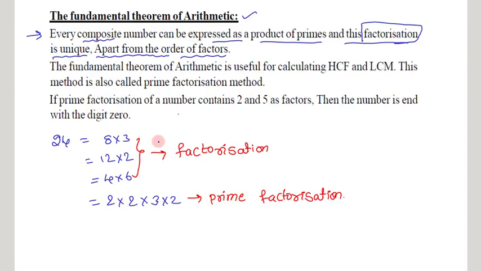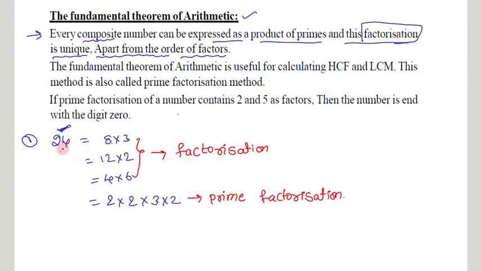Let us take an example. I took the number 24, and I can write 24 as a product of 8 × 3, 12 × 2, 4 × 6, like this. And 24 can also be written as 2 × 2 × 3 × 2. In the first three methods, we have written the number 24 as a product of two numbers or more than two numbers.